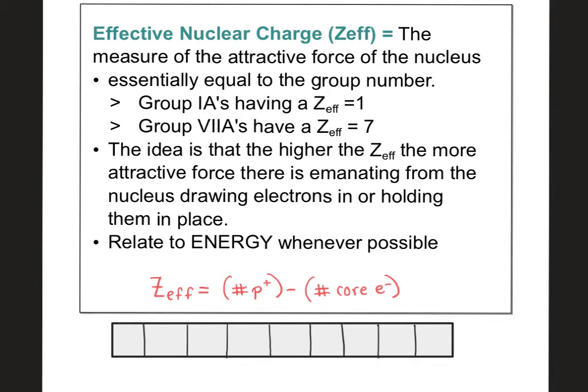The higher the ZEFF value, the greater the attractive force of the nucleus is, meaning the electrons are held in place tighter by the nucleus. We are trying to relate this to energy and Coulombic attraction. If an element has more ZEFF, that means there's more attraction to those outermost electrons.